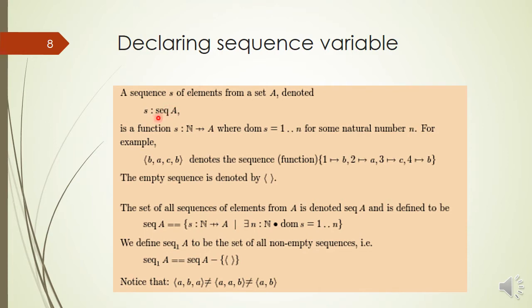Therefore, S is a sequence which is declared on the sequence data type. So variable S is a sequence variable now, or you can say that S is a sequence.